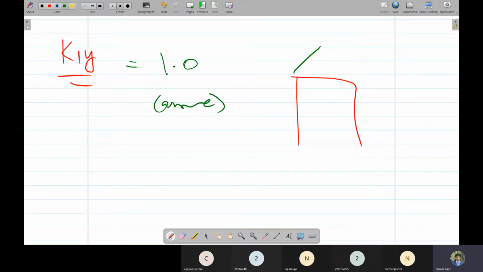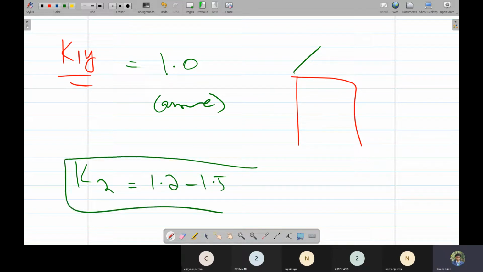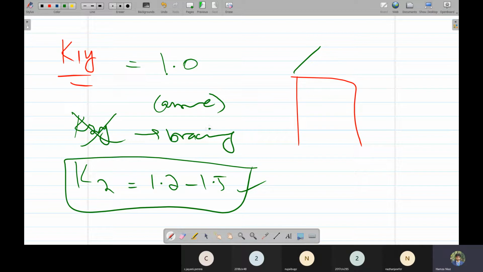If there is no information given, then we will assume K1 as 1 and K2 as 1.2, 1.5, any value we can. So K1y we are going to assume 1 and K2y is 0 because there is bracing in that direction. Because of bracing there is no lateral movement. So K2y is 0. If there was no bracing, then we could assume K2y is 1.2.